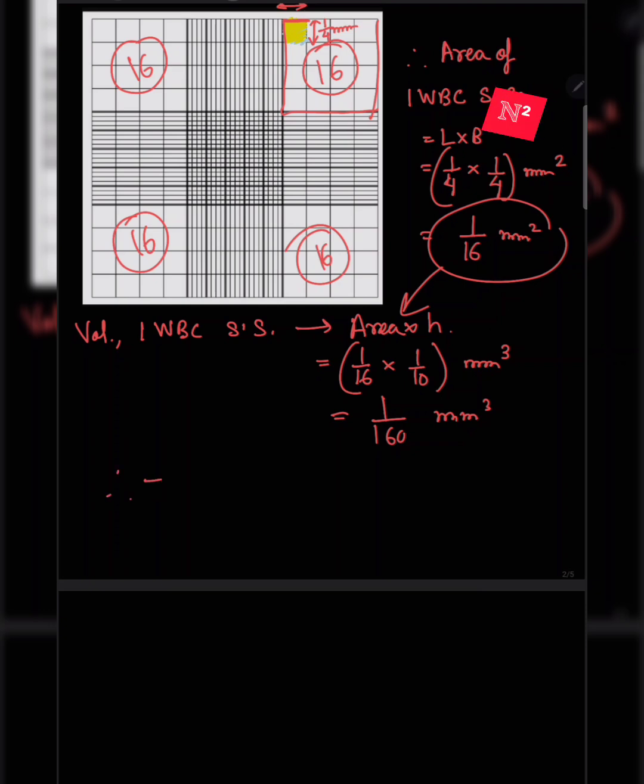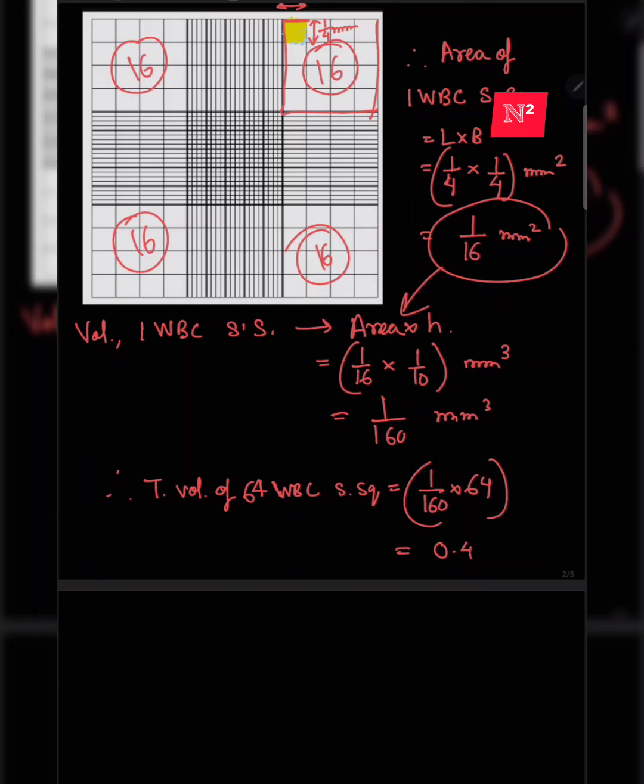Therefore the total volume of 64 WBC small squares is 64 times 1 by 160. So we calculate the value, and it comes out to be 0.4 millimeter cube.